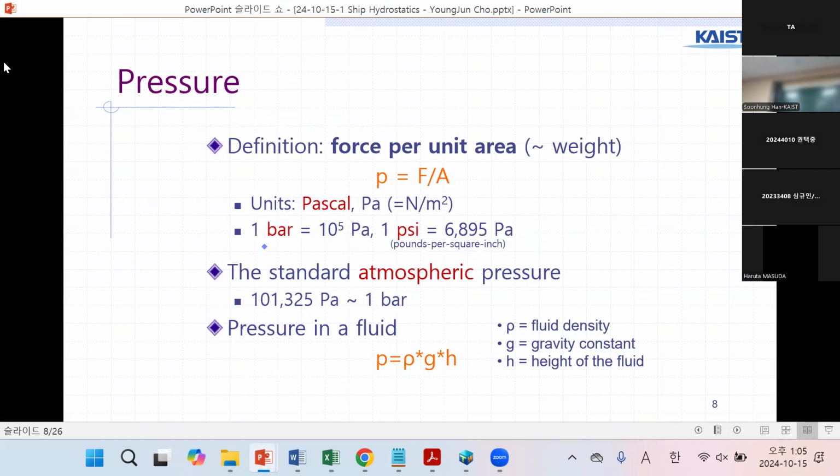Next is pressure. Pressure is defined as force per unit area with units Pascal, bars, ATM, and so on. Pressure is the hydrostatic force acting on a static fluid. I will explain it in more detail later.